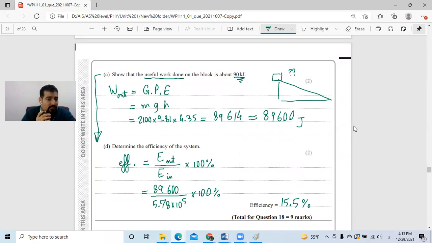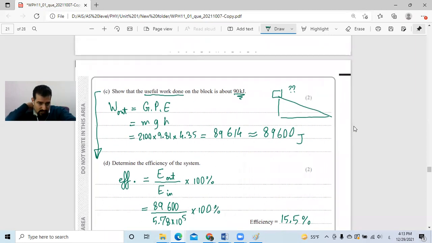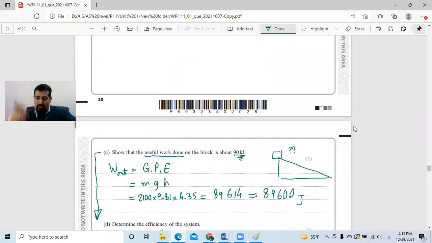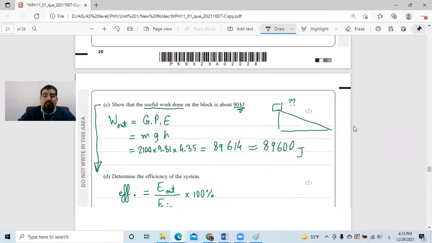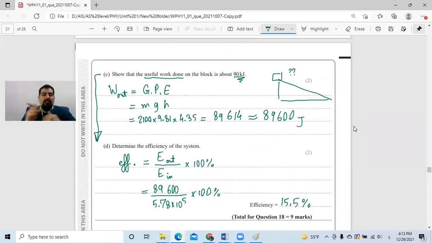Okay, how do we know which value is the input of energy and which is the output? Let me give you something that you can use to cheat. The efficiency is less than 100%, so that means the output is less than the input. The output is what actually happened eventually. The object has an energy, maybe gravitational, maybe kinetic, depending on the question.